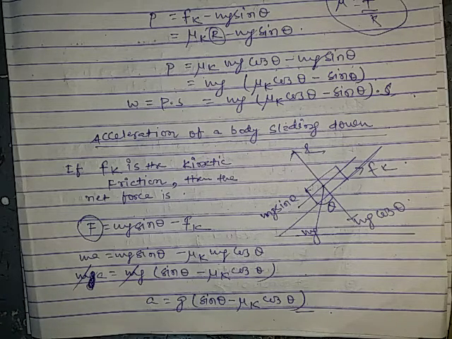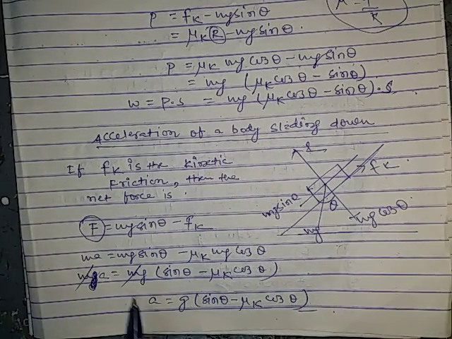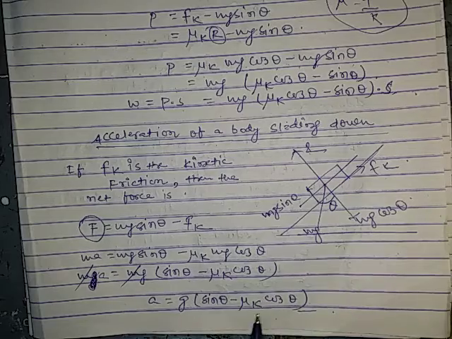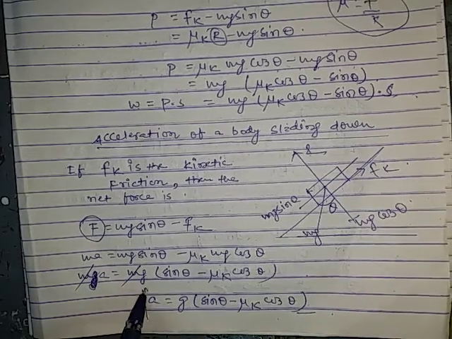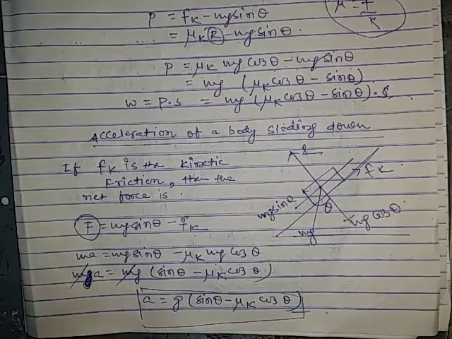The m cancels on both sides. As a result, the acceleration a is equal to g sin theta minus mu k cos theta. It is the required expression.